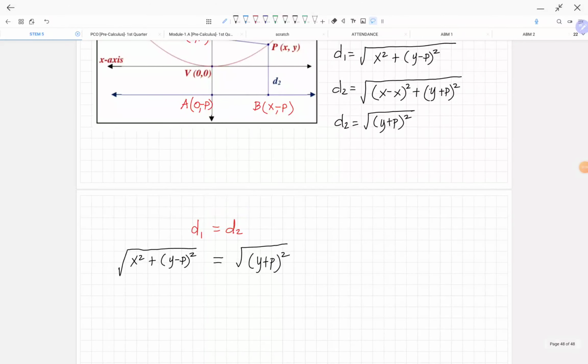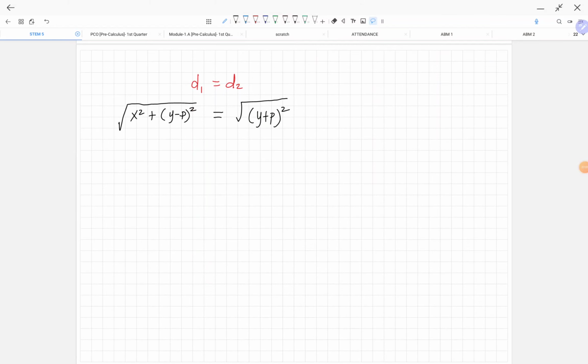Now, solving this radical equation, since both sides of the equation have a square root or radical symbol, we can just square both sides of the equation to eliminate that. Recall that we have the property: the nth root of a raised to n is simply equal to a.